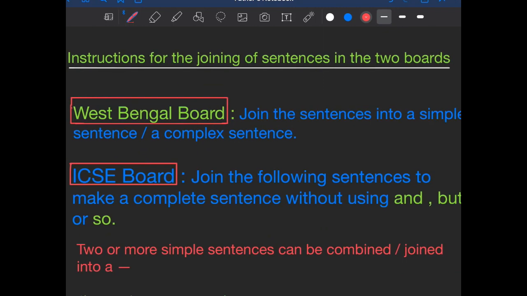Instructions for the joining of sentences in the two boards. Let's see the instruction of the West Bengal Board. Join the sentences into a single sentence or a complex sentence. This is the instruction of the West Bengal Board. And the instruction of the ICSE Board, see, join the following sentences to make a complete sentence without using and, but or so.